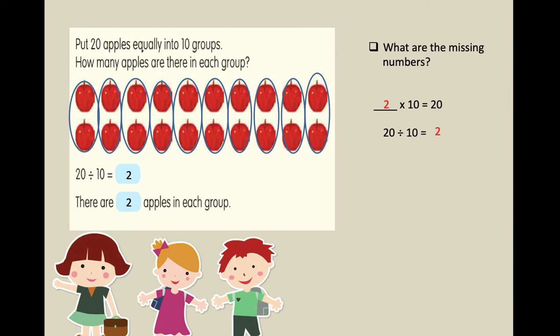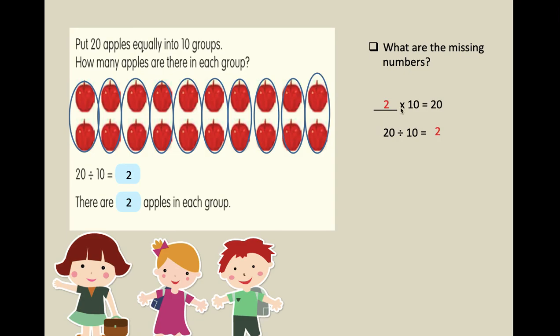Well done. Now look at this. We are first taking the number of apples in each group, that is 2, and then we are multiplying this with the 10 groups. So 2 times 10 equals 20. So when we have to divide, when we have to share, we are using the division.